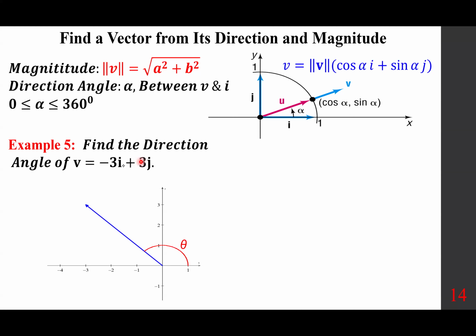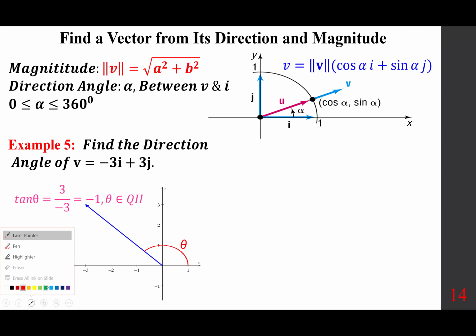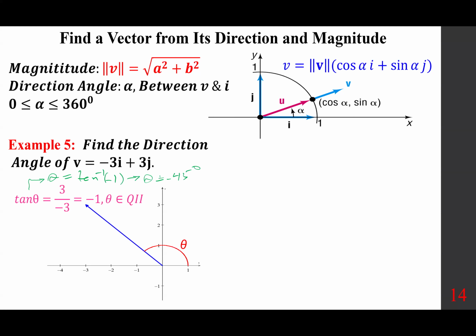Tan theta is b over a, so 3 over negative 3, and you have to adjust for the quadrant. Negative 1, and pay attention that it's quadrant 2. Negative 1, if you go with the tan inverse, everybody. Let me just make sure we understand this. If I write theta is tan inverse of negative 1, then theta becomes minus 45 degrees, because remember the restriction we put from minus pi over 2 to pi over 2 for the tangent function to have an inverse.